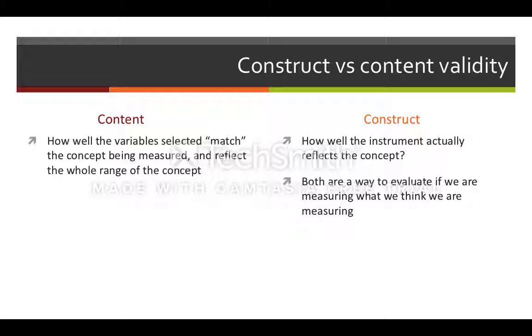So in other words, content validity is looking at how well the variables that we've selected match the concept being measured and reflect the whole range of the concept. And then construct validity looks at how well we're capturing the construct that we're measuring. And both of them are just a way to evaluate if we are in fact measuring what we think we're measuring.